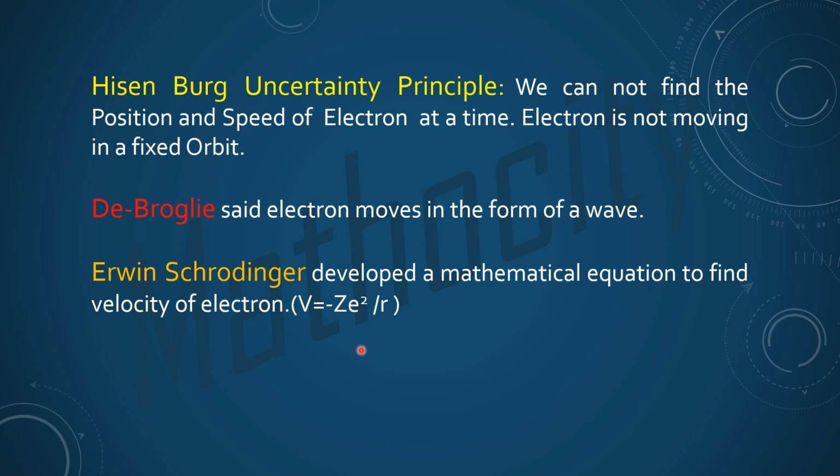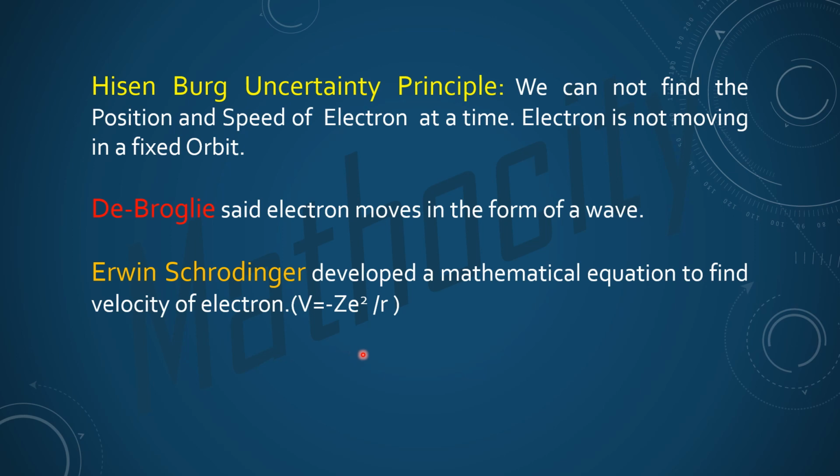So it is not possible to find the position and speed of the electron around the nucleus with accuracy. Okay, next one: de Broglie said that an electron moves in the form of a wave, and Erwin Schrödinger developed a mathematical equation to find the velocity of the electron.